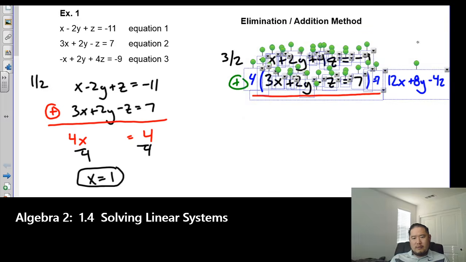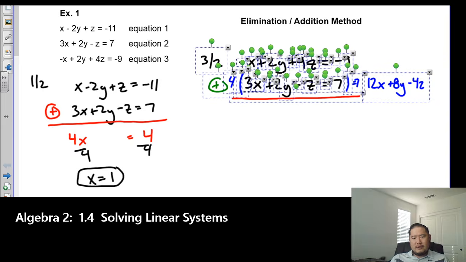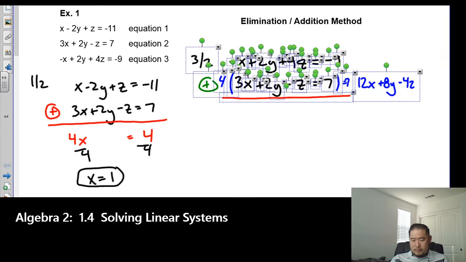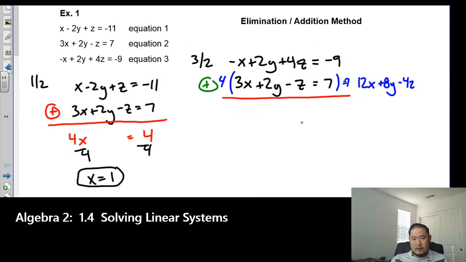We're running out of space right here, so let me move everything over. And then this is equal to 28. Now let's take these 2 equations and add them up, and hopefully z will be eliminated.